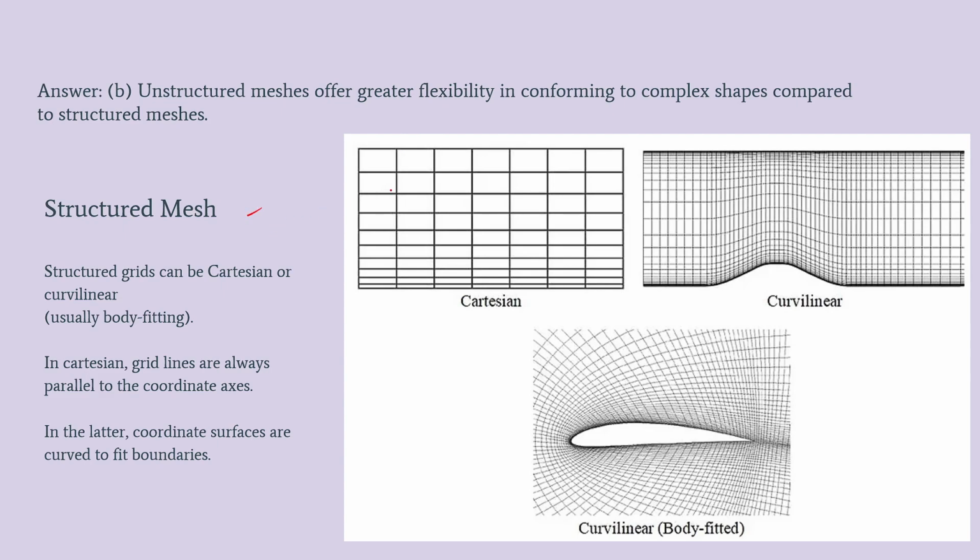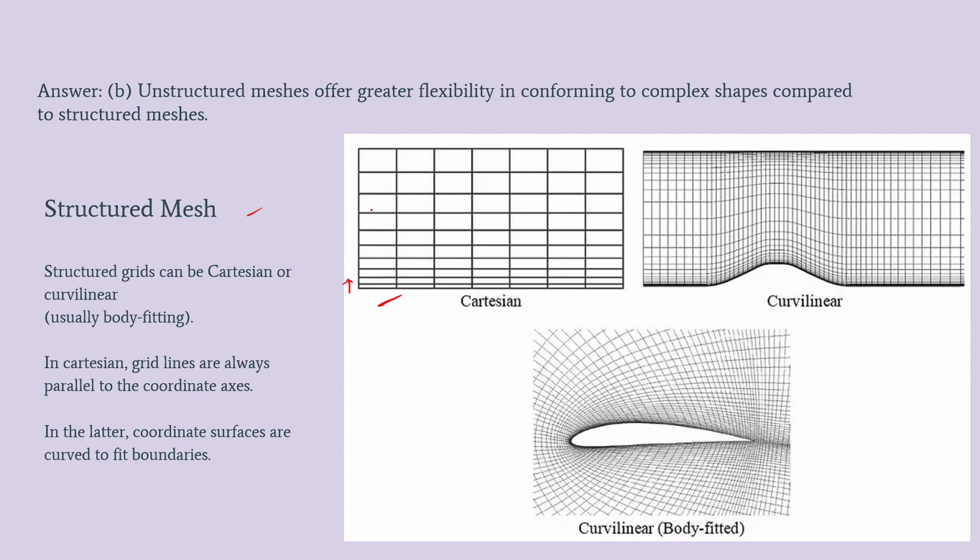In structured mesh, this is an example. If you can see, it is kind of a rectangular grid. Even though the sizes of the rectangular cells vary from bottom to top vertically, the shape is almost rectangular everywhere.